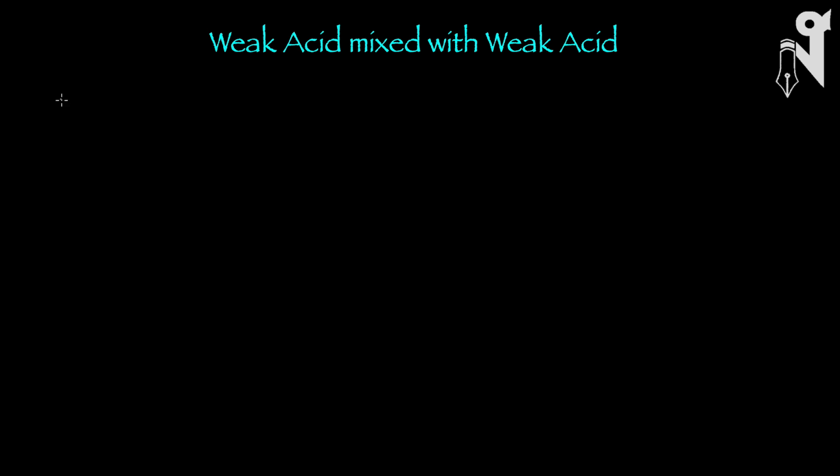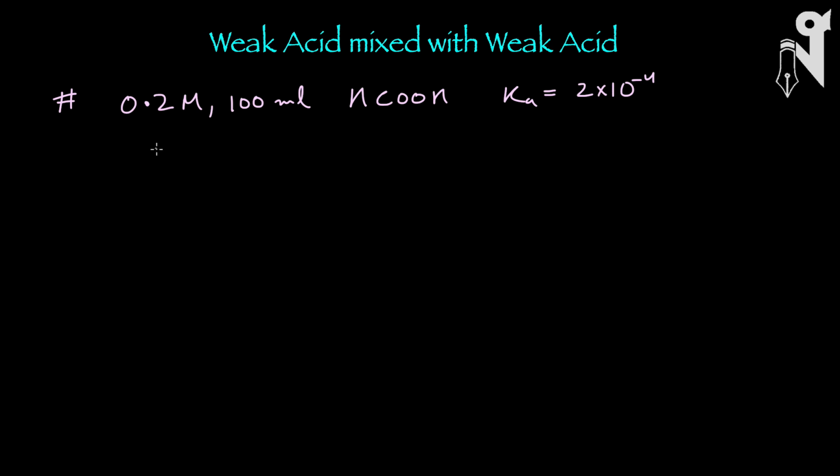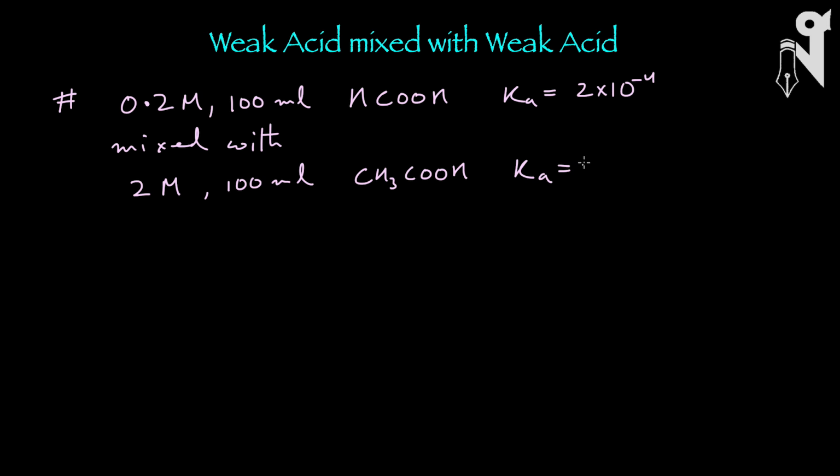So say there is 0.2 molar 100 ml formic acid, K value is equal to 2 into 10 power minus 4, is mixed with, say, 2 molar 100 ml acetic acid, K for which is 2 into 10 power minus 5. Find the pH of the solution. What's the pH of the solution?